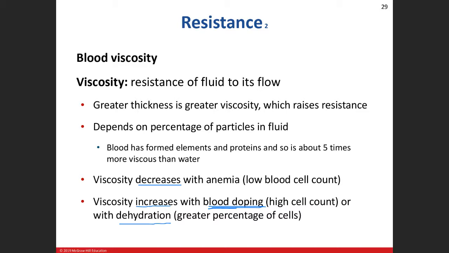So keep in mind, if you increase the viscosity, you increase the resistance. Thicker blood. I would much rather have motor oil pumping through my veins than syrup. Something that's similar to that in viscosity. Trust me, your systemic circulation would like that too.